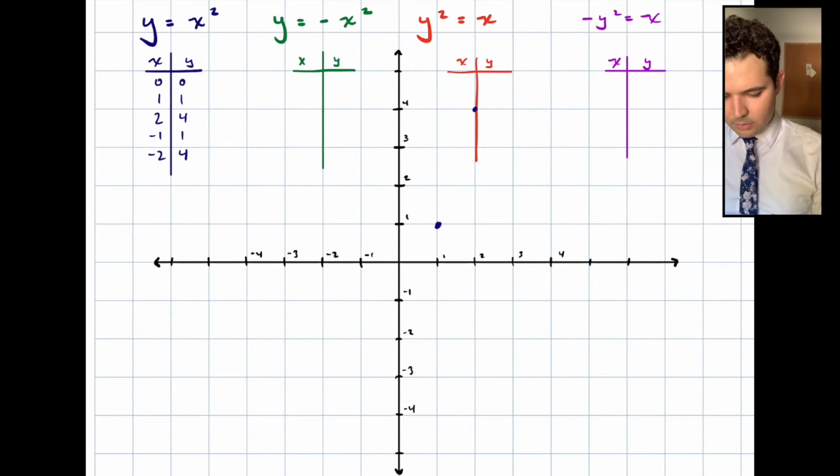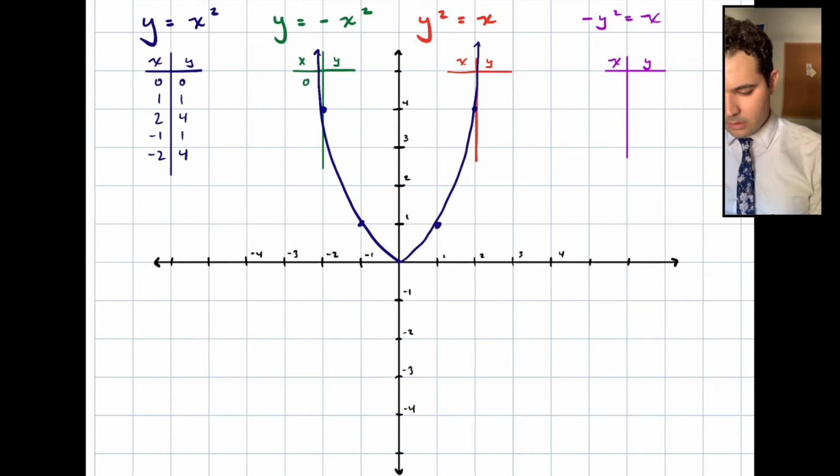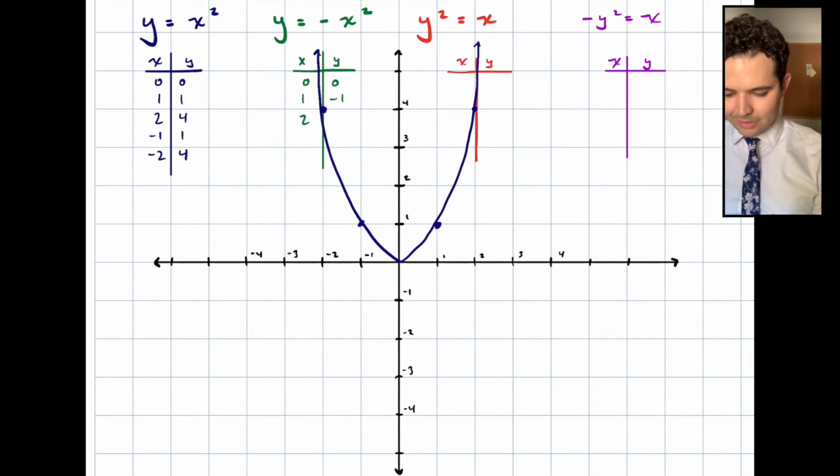We see a function that's going to look something like this. Similarly, if we went in the negative direction, when we plug in 1 for x, we'll get negative 1 for y. 2 for x gives us negative 4 for y. And the same is true for negative 1 and negative 2.